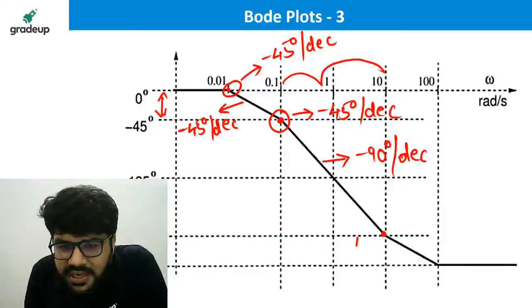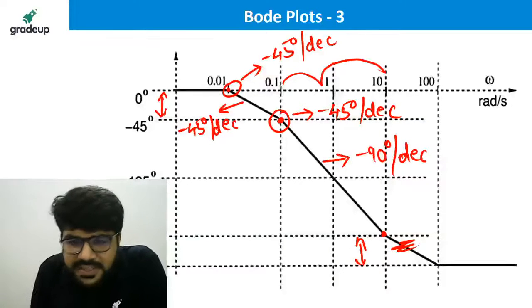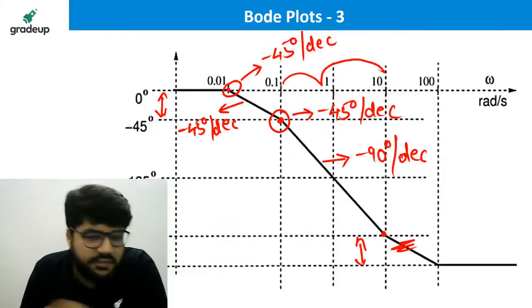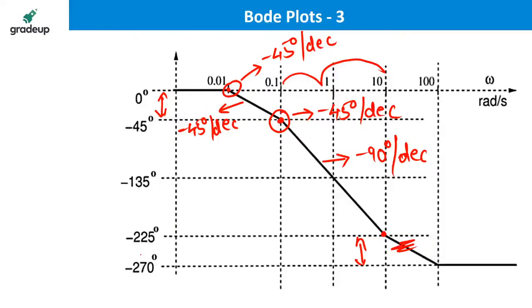Now look at this last segment, guys. The phase changes by, look at these values, minus 270, minus 225, meaning minus 45 degrees. Per how many decades? 10 to 100 is 1 decade only. So the slope of this line is minus 45 degrees per decade.